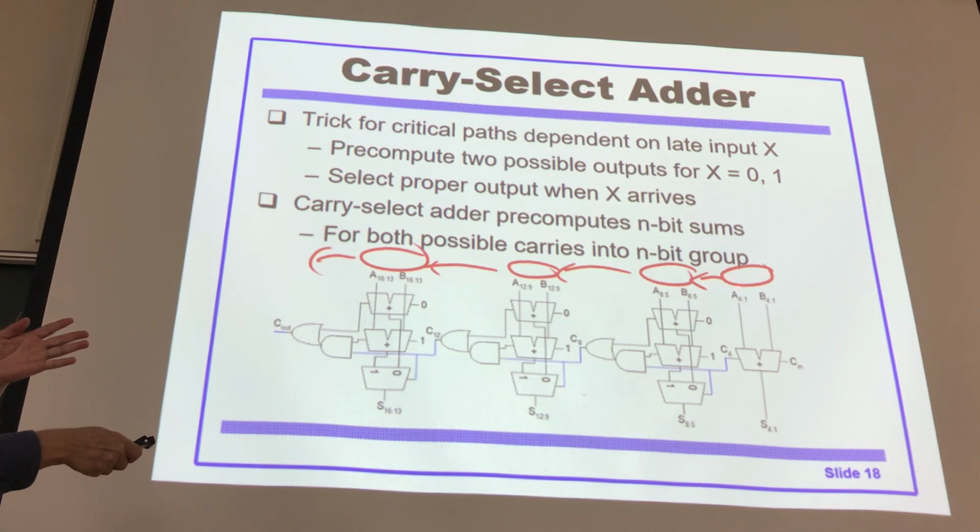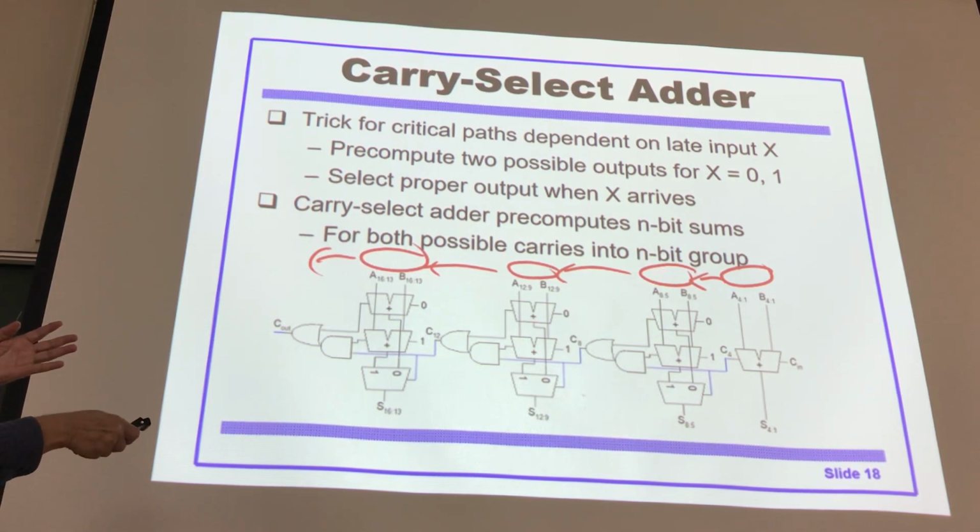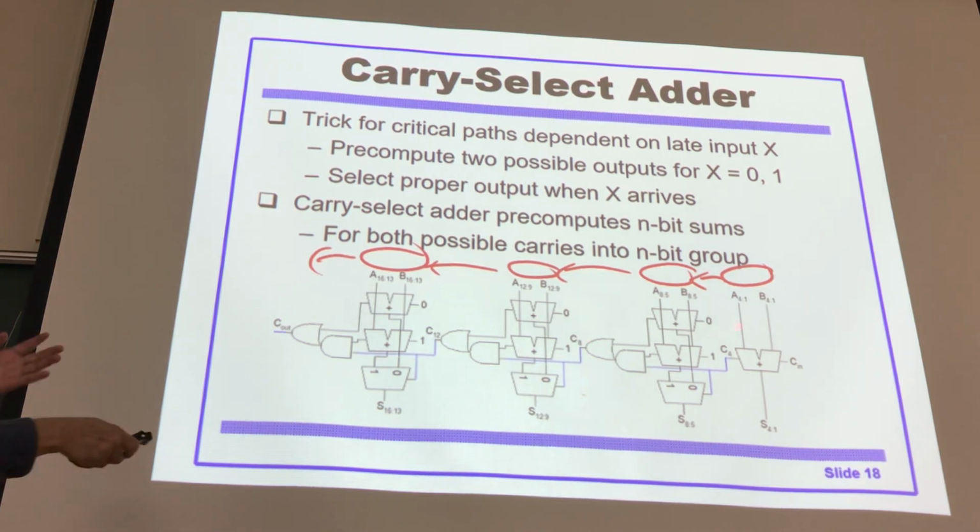You need to compute this 4 bit group to get C4. After you know C4 is 0 or 1, then you can try to compute for the C8. However, the C4 has only 2 possible values, either 0 or 1, right?